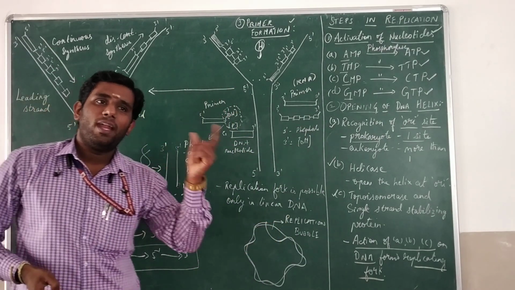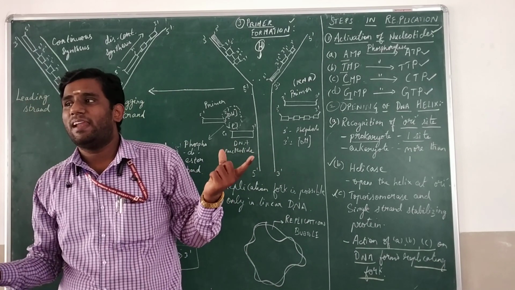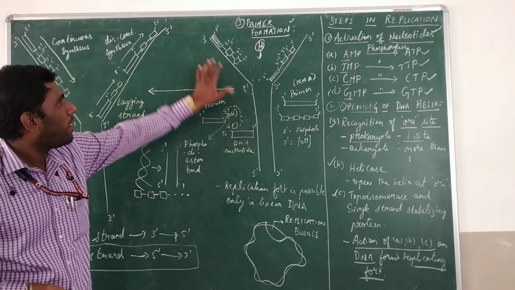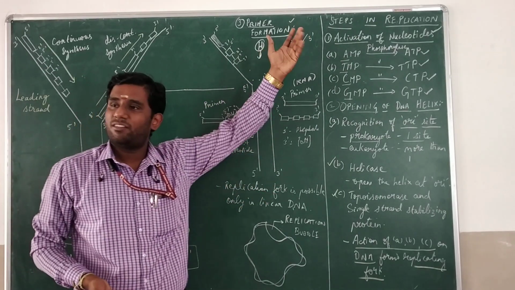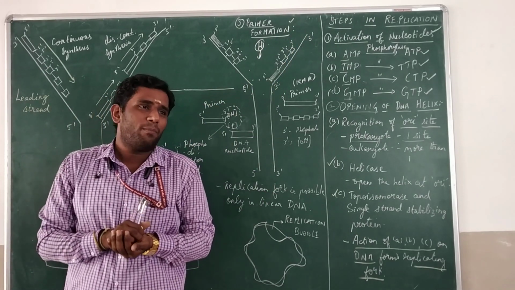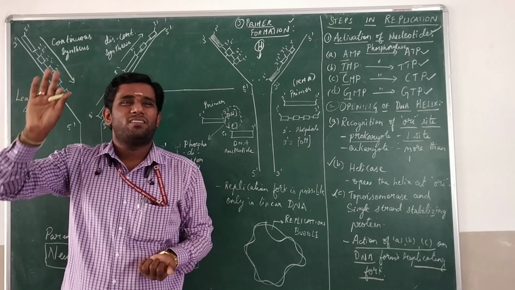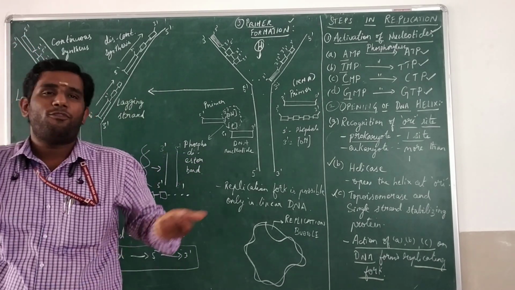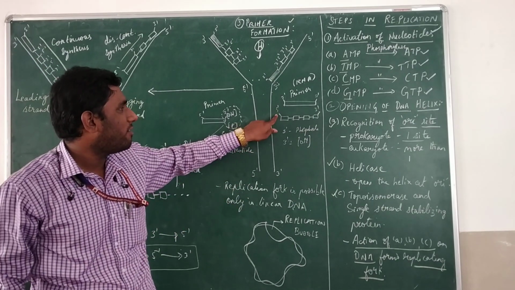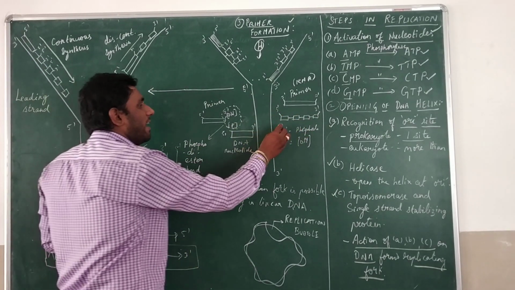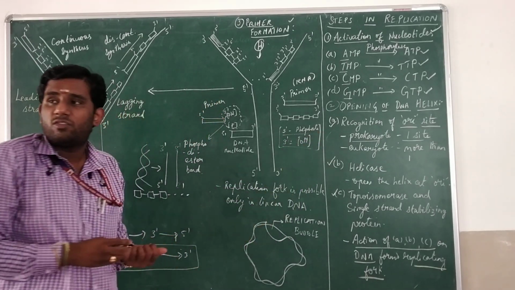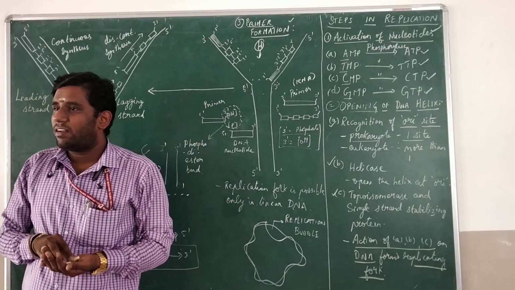And one end will be a 5' and one end will be a 3', just as in the DNA. You find here 5' on one end, 3' on the other end, 3' on one end, 5' on the other end. What do these actually represent? 3' actually represents OH, a free functional group, and 5' represents a phosphate group. That is what I have written here: 5' represents a phosphate and 3' represents an OH group, a functional group. Is it clear, children?